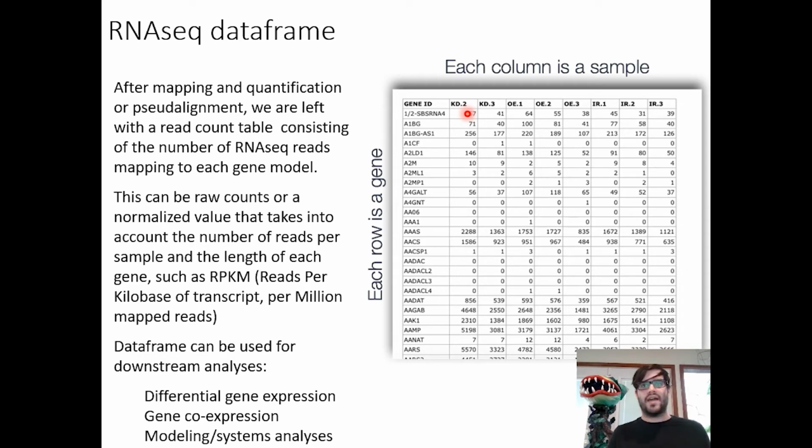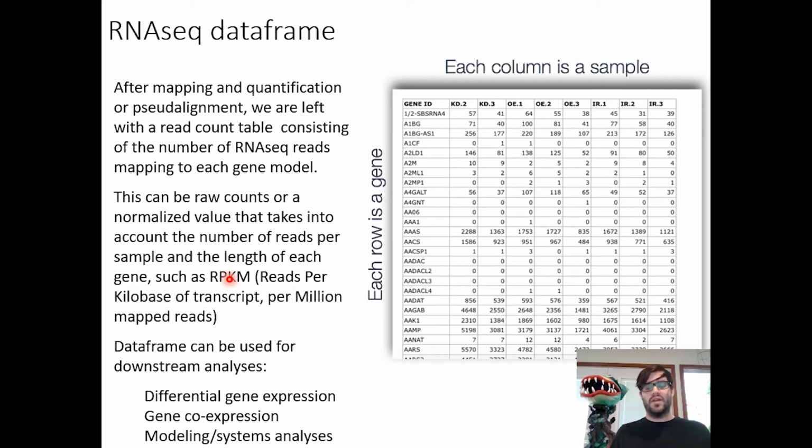So we can have raw counts, which are just the number of reads that are aligning, and that's useful for some programs and some calculations, or we can normalize this data by taking into account the length of genes. Longer genes, as I said, will have more reads that align to them, because if we're randomly chopping up RNAs, a longer gene is just going to be more represented in the pool. And then we can also normalize by the number of reads we have in each pool.